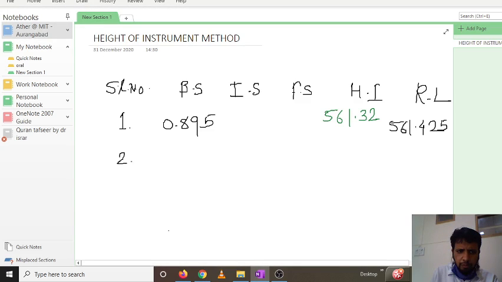Second point, intermediate point we have taken. That's why I am writing the second reading in the intermediate side part, that is 1.110.